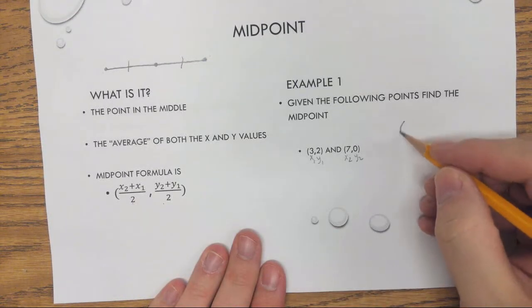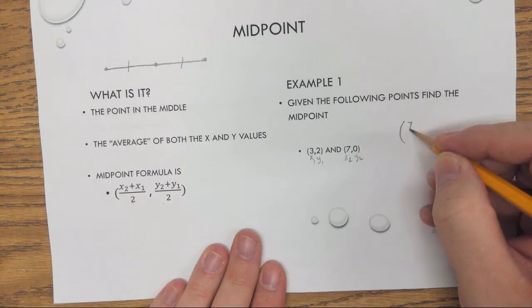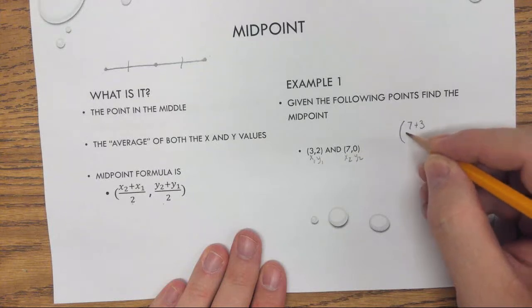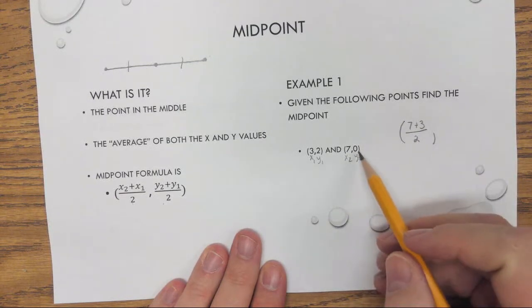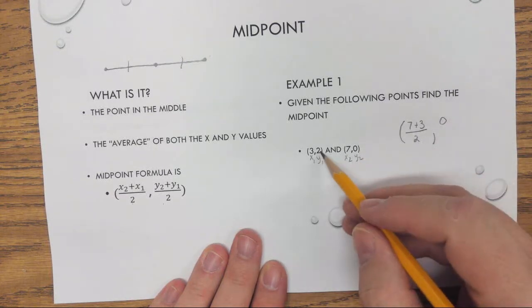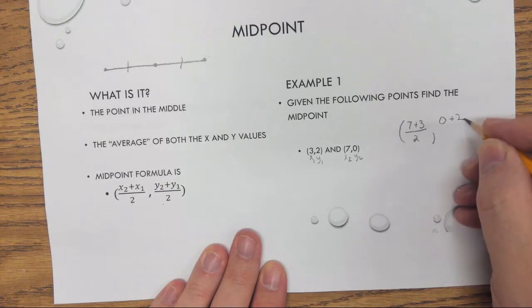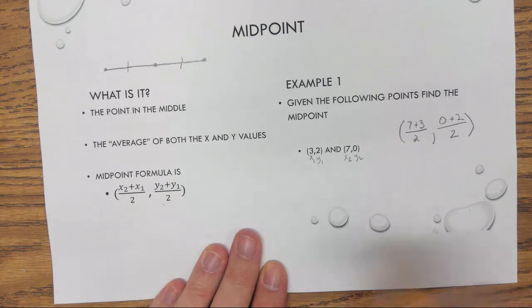Okay, so x2 is 7. Add that to x1, which is 3, and divide by 2 for the x value. y2 is 0. Add that to y1, which is 2. Divide that by 2, and that'll give me the y value.